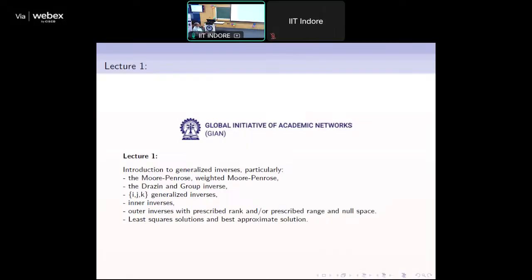Also, we will present some minimization properties of generalized inverses, such as least squares solutions and best approximate solution. Such minimization properties of generalized inverses will be a connection between generalized inverse theory and optimization.